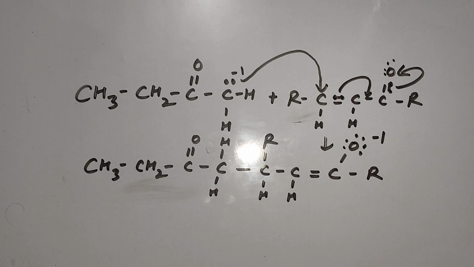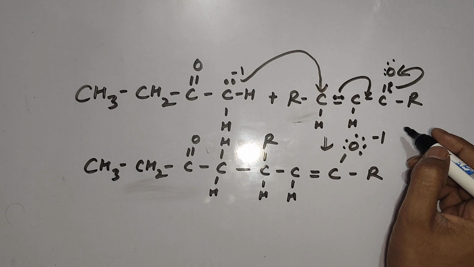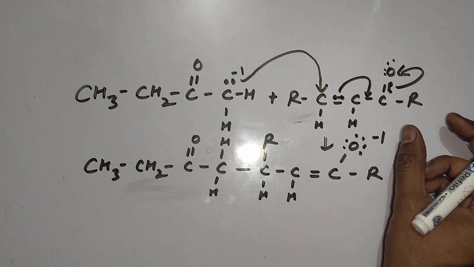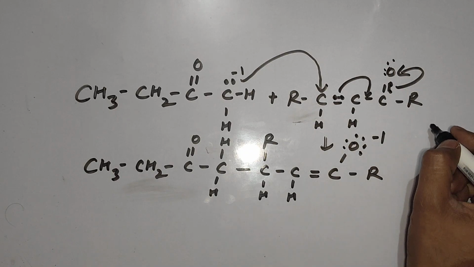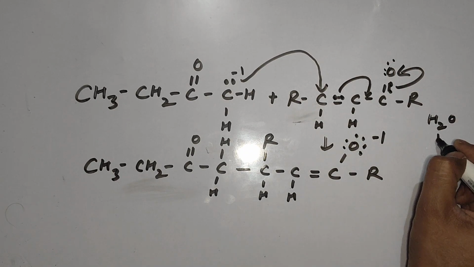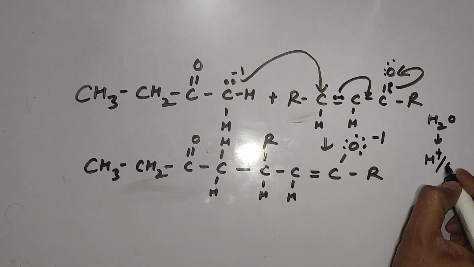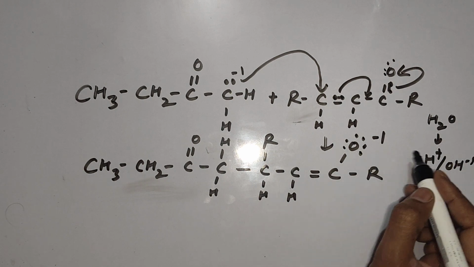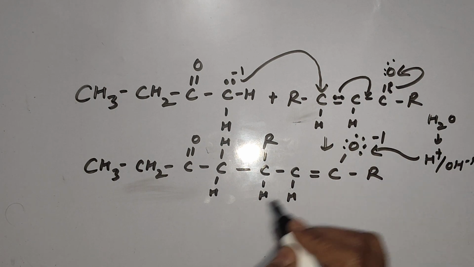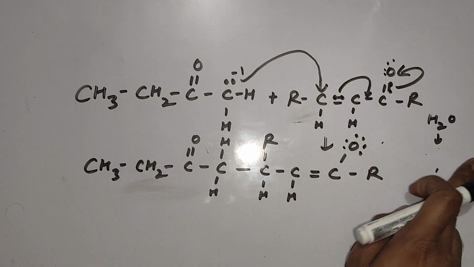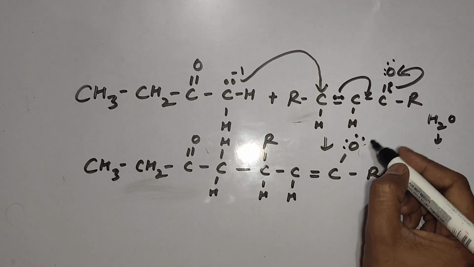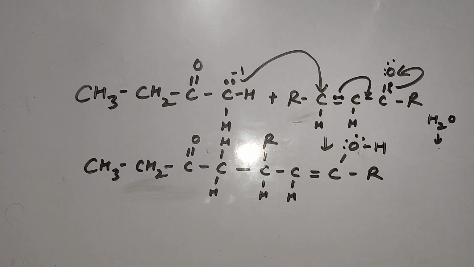Now, next, what will happen? In the first step, H2O was released. Please check that. H2O, we know, will provide H positive and OH negative. This O negative will be satisfied by H positive, so I am going to join it. So here we will have OH.